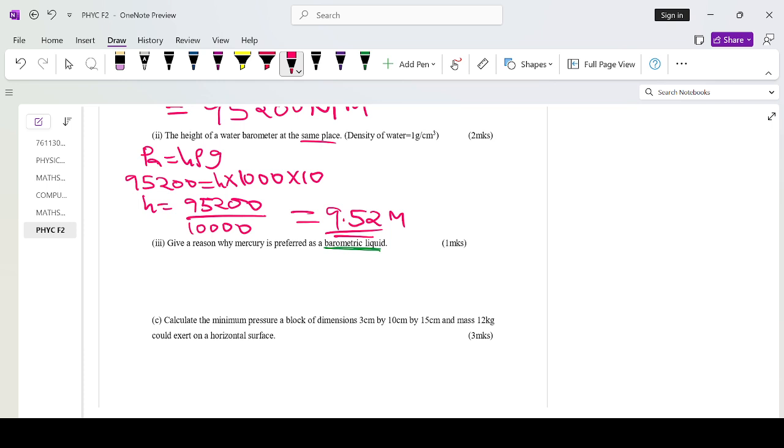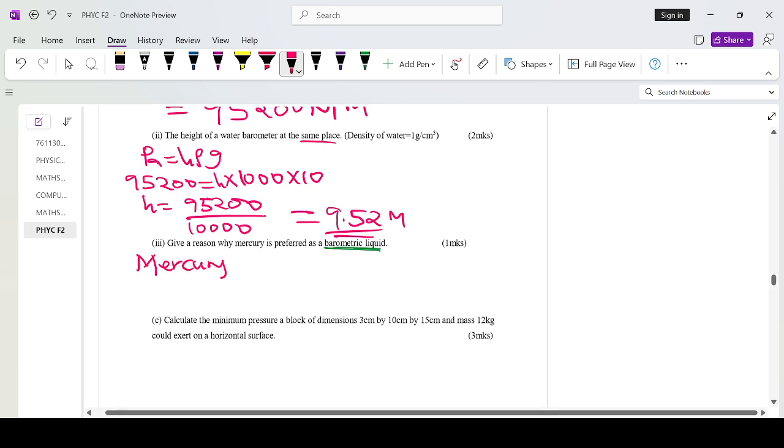So mercury is much denser than water. Give a reason. You can simply say mercury is denser than water, or you can say it has higher density.